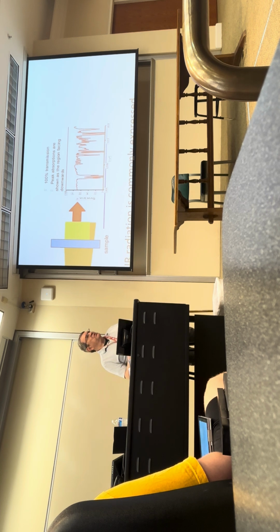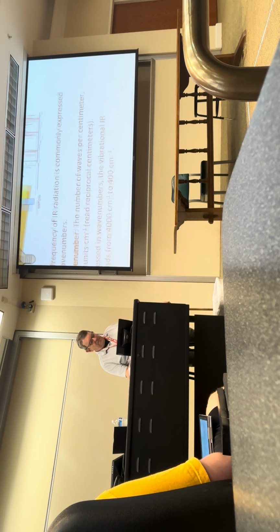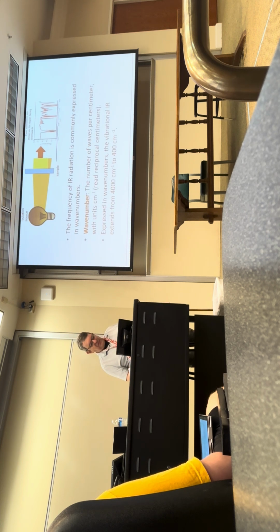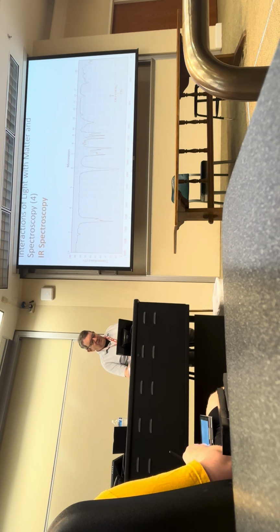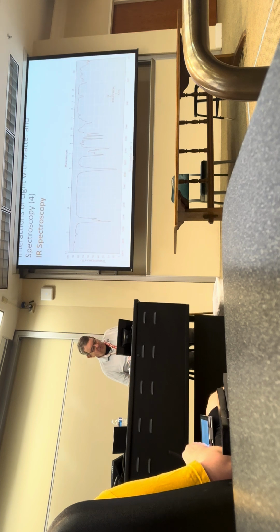And so when you take the reciprocal of the frequency or the wavelength, you're getting a frequency scale. So a larger wave number is a higher frequency. And specifically, the units on wave numbers are per centimeter, or reciprocal centimeter. So this is what a sample might look like.